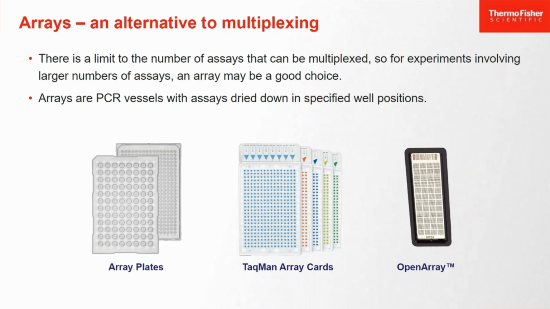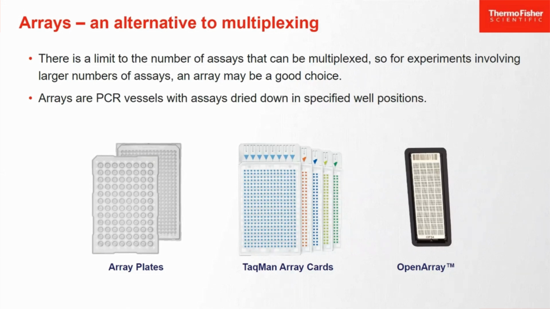But as the number of targets increases in the experiment, you may hit a point where you may want to consider an array instead. There is a limit to the maximum number of assays that can be multiplexed in real-time PCR. And when you have a larger number of targets, an array might be a good idea.